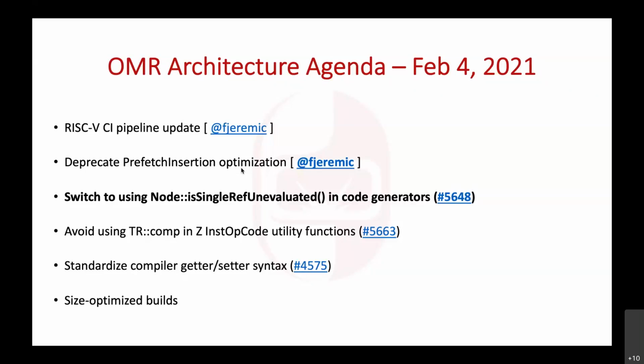Now, if we did think that there was some value here, I think that if we could think of a different API question to be asking, then that might be something that could be used. So what are you trying to say? What do you really want to know when you're asking, is single ref unevaluated?